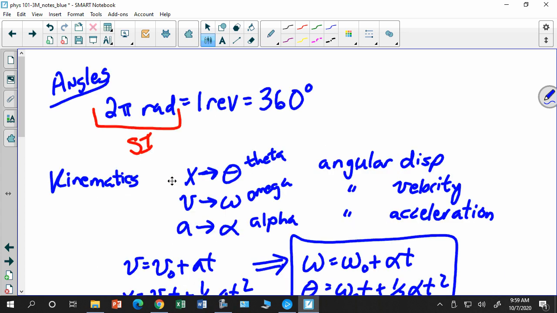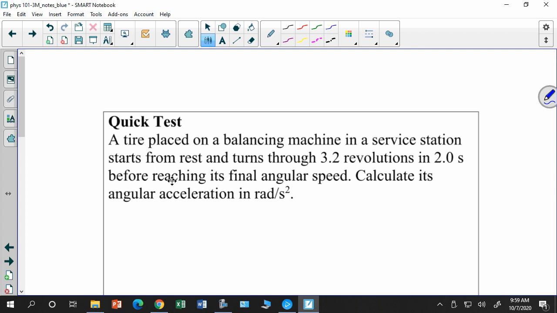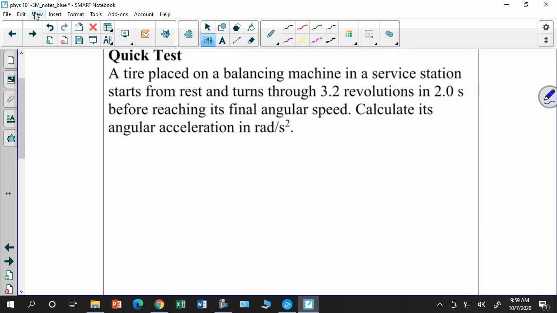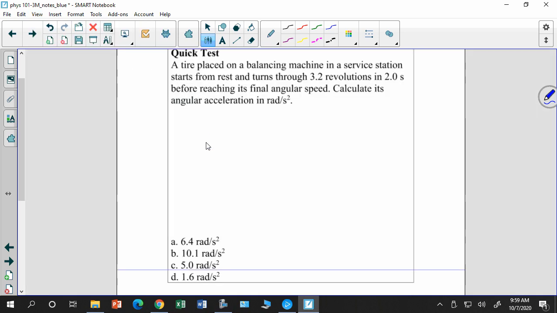Let's go up and try one of the quick test questions. I think there was just one. Let's try this one. Notice on this one that there is a change in unit, that everything's given to you in revolutions, but the answer is in radians per second squared.